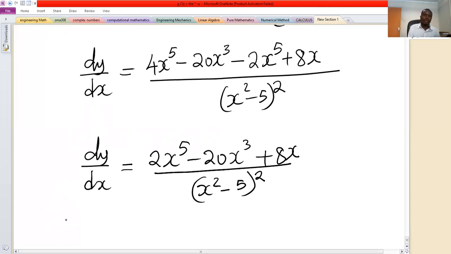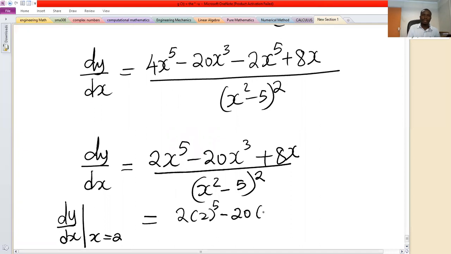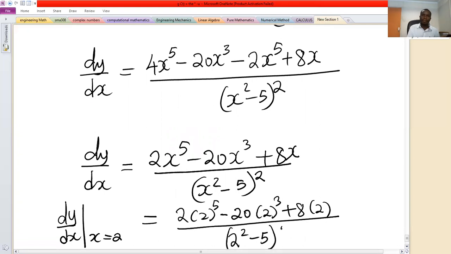For this question, they wanted us to evaluate the value of dy/dx when x is 2. So this will be (2 to the power 5 minus 20 times 2 cubed plus 8 times 2) over (2 squared minus 5) squared. If you simplify this one, we should get minus 80.